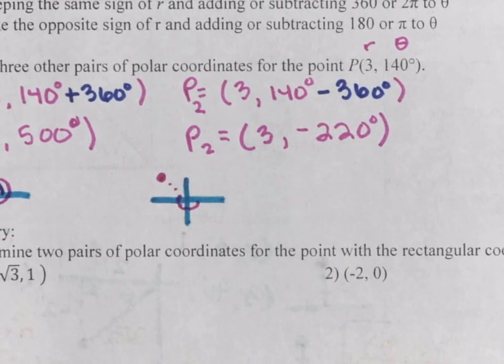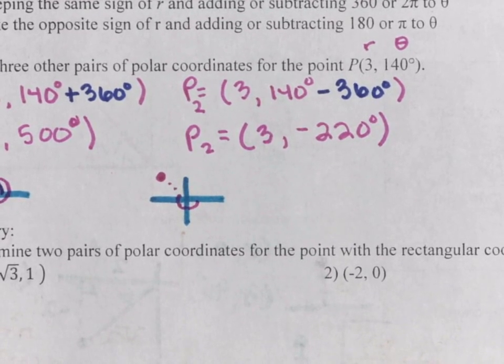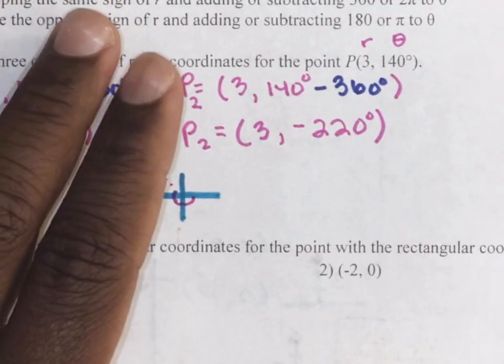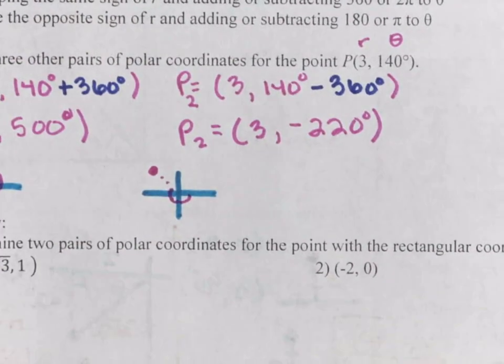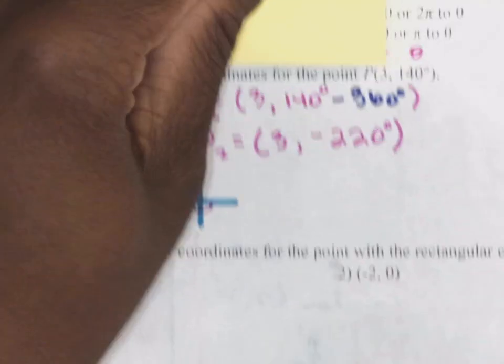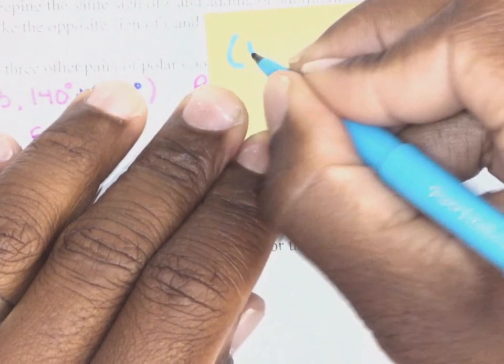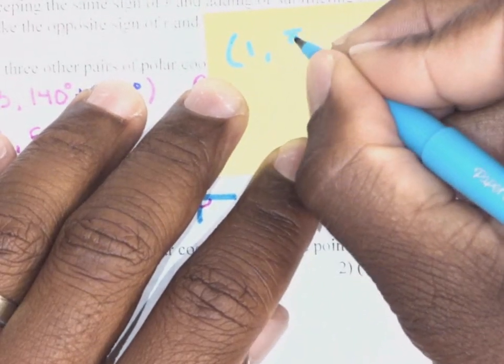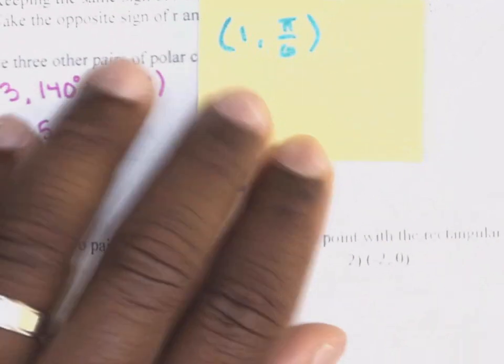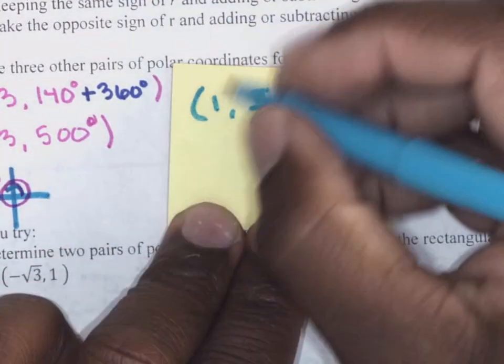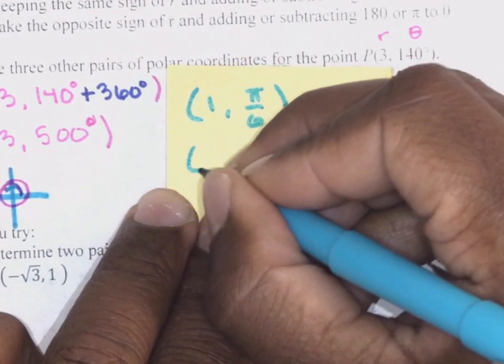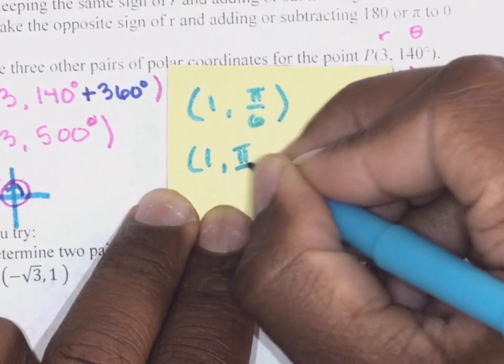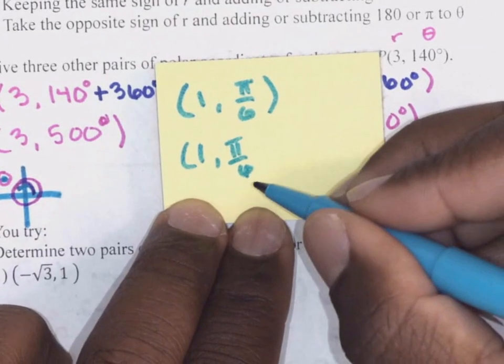If it was a radian measure, you'd add or subtract 2 pi. So that may be a little bit harder. For example, let's say we had 1 and pi over 6. We wanted to find another angle. I would add 2 pi, but obviously I would need a common denominator.